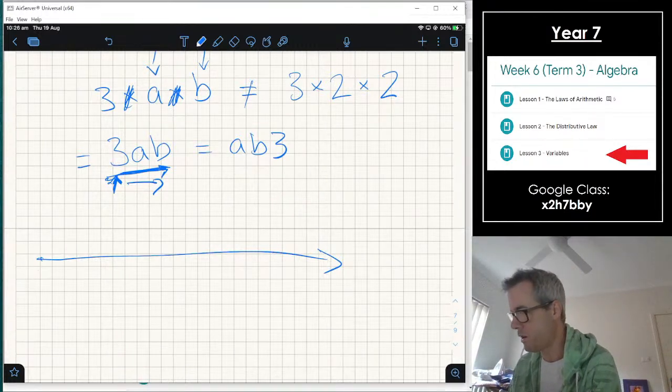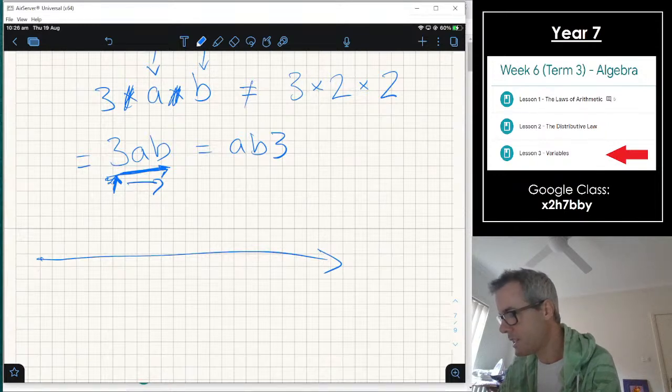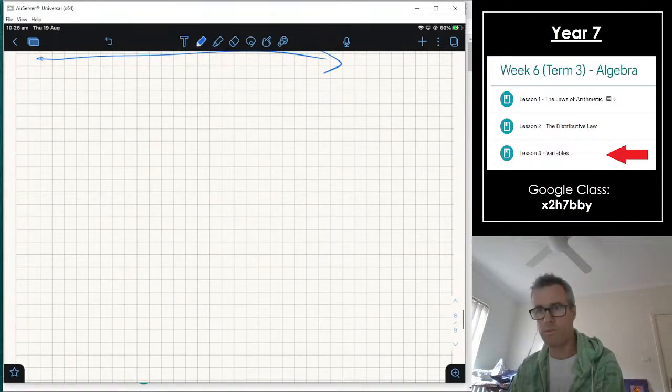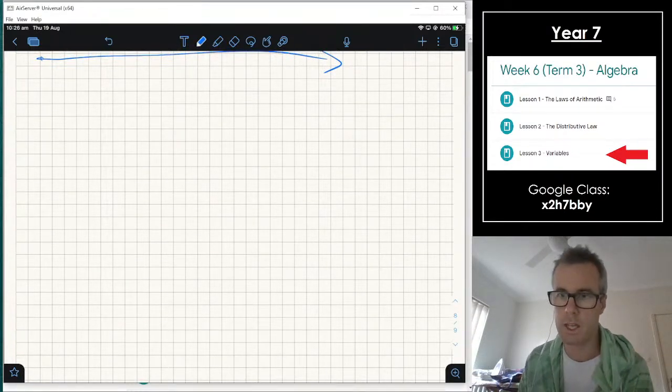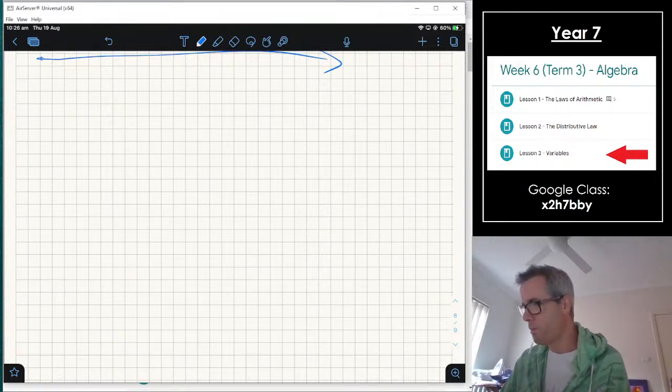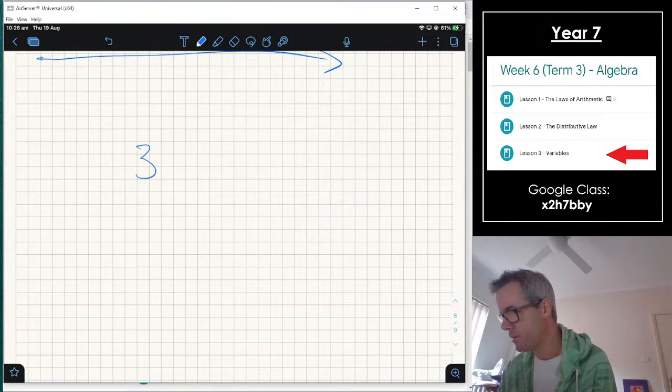Cool. All right. So you can see today we've moved really well beyond, yeah, numbers always go before the letters in the answer. We're moving well beyond just solving problems like 3 plus 2 equals 5.